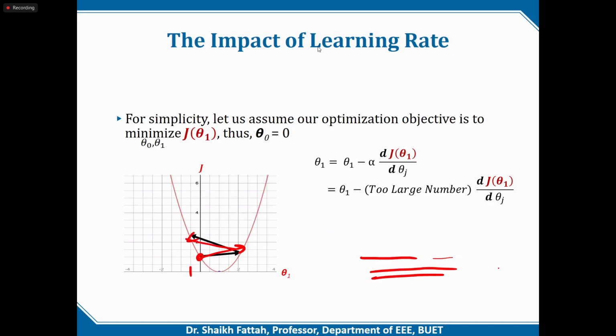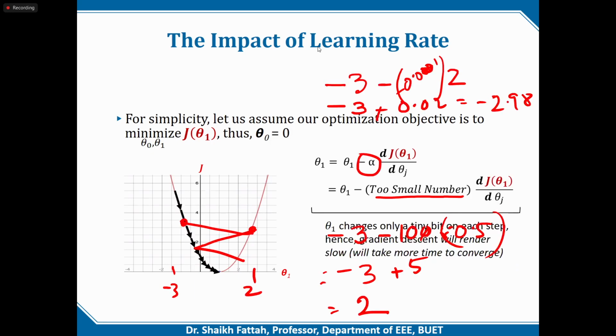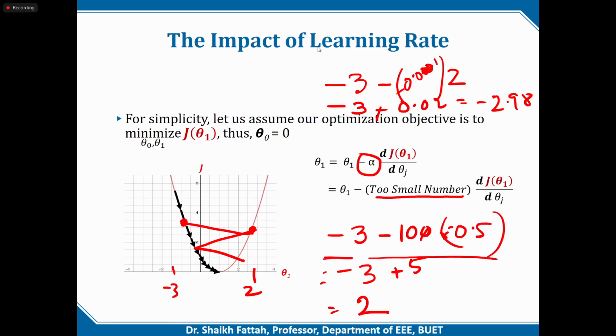The previous case was too slow, so you could not reach the final target value quickly. If your alpha is small, it will take more time to converge.